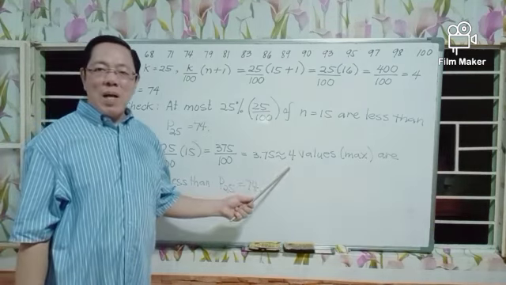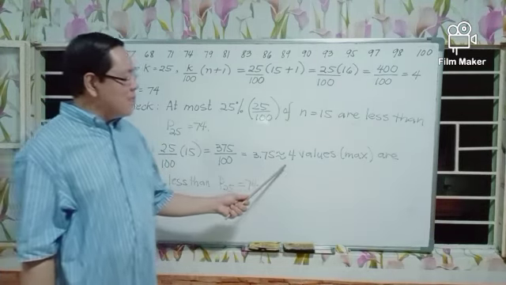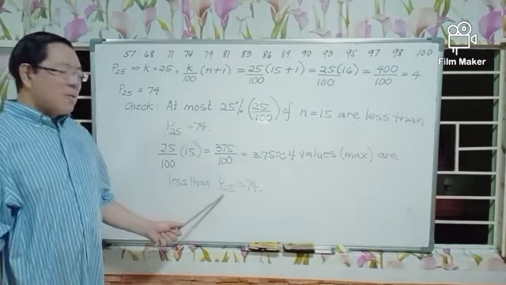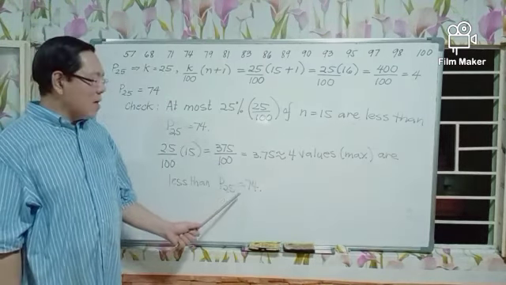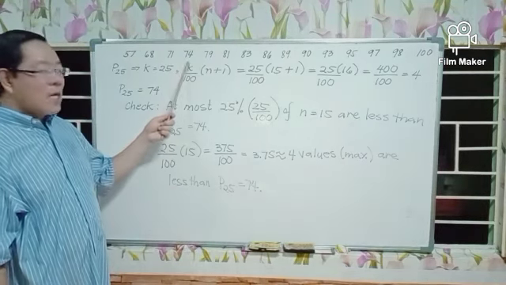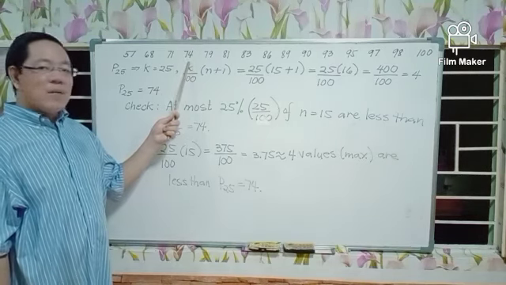This means at most 4 values, or maximum 4 values, are less than the 25th percentile of 74. Our 25th percentile is 74, and we count the number of values that are less than 74.